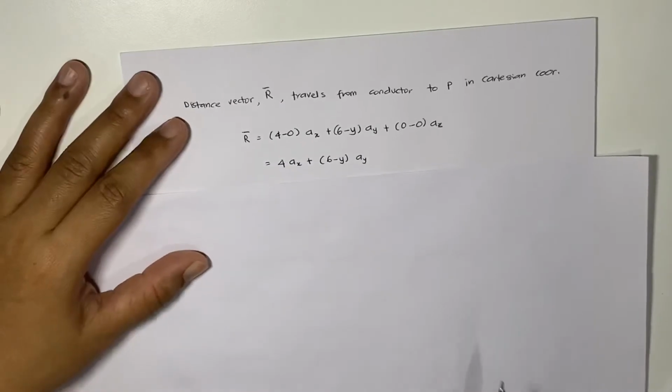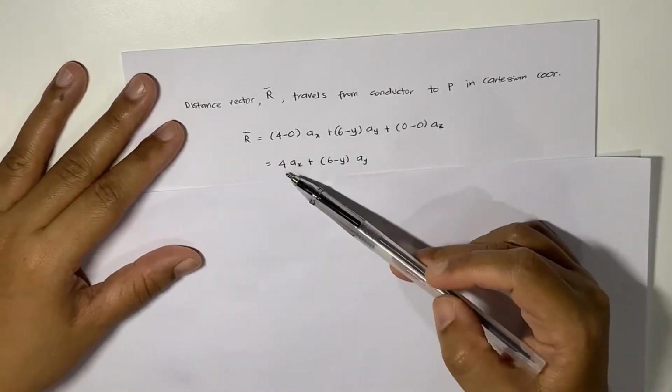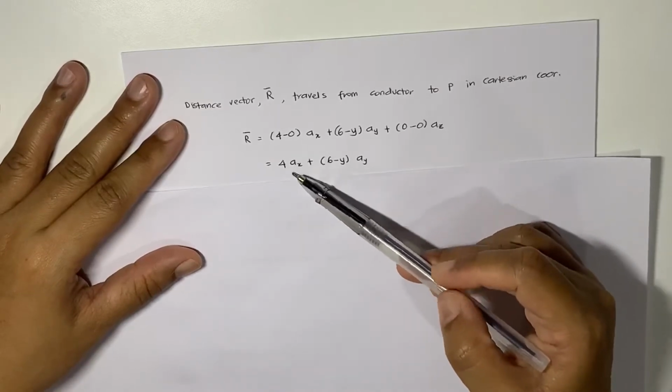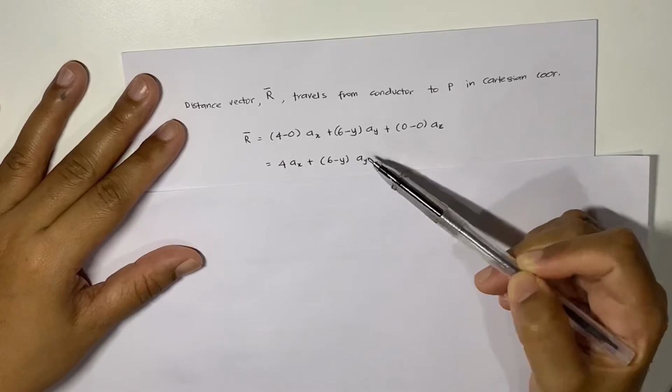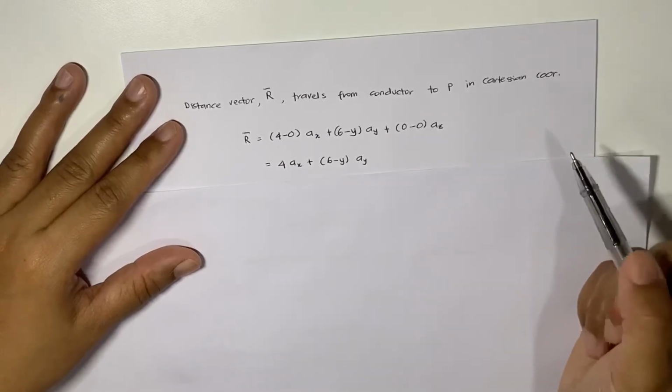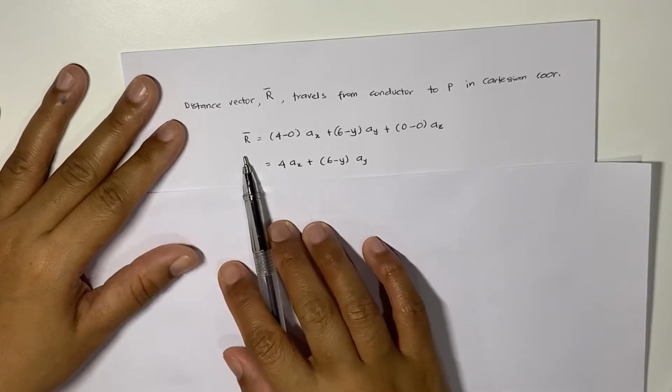Simplify the equation, you will get 4 ax plus (6 minus y) ay. This is vector R.